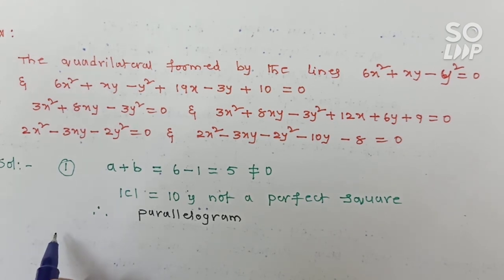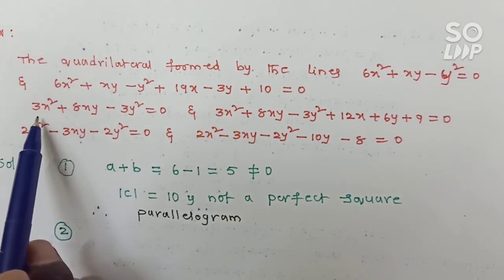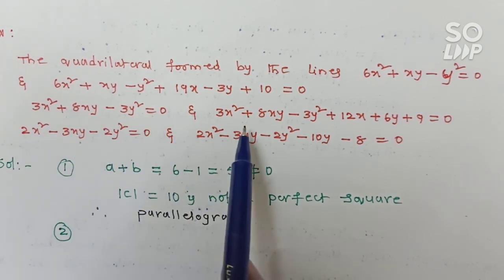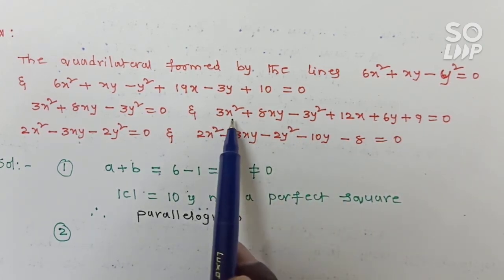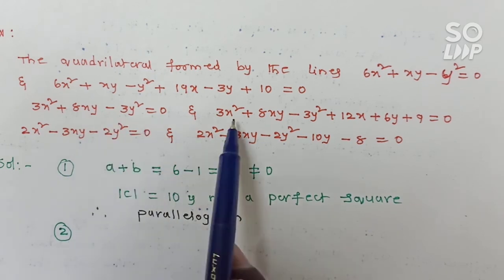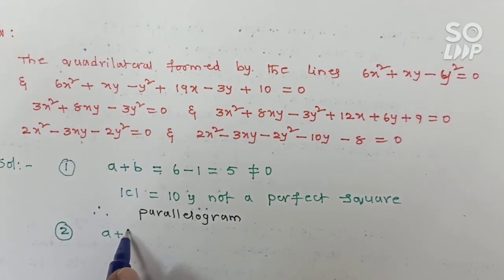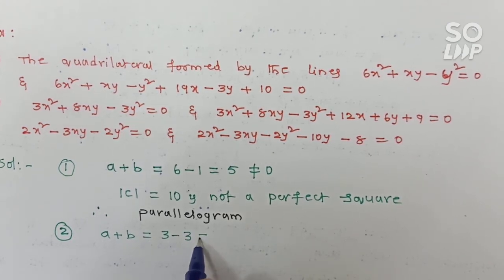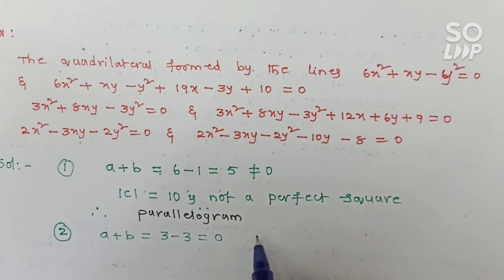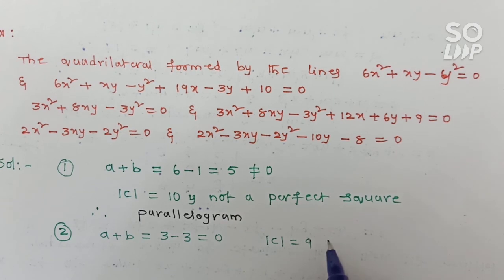Now the second one. The first is the homogeneous and the second is the non-homogeneous, where the first three terms are the same as in the homogeneous. That means a plus b is equal to 3 minus 3, that is 0. And modulus of c is 9, which is 3 whole square.